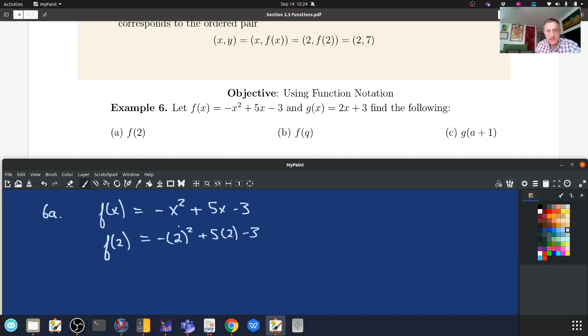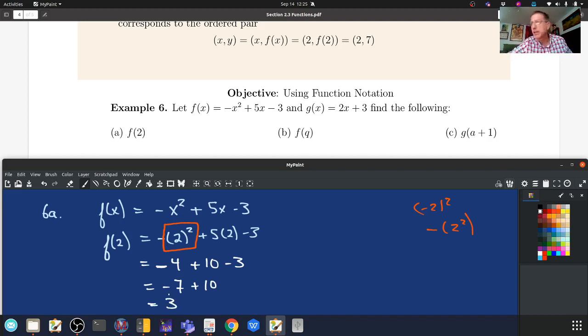Now remember, this negative sign right here negates the number that comes next, and that's the number right here. So that's not the same as (minus 2) squared. It's minus (2 squared). So this is equal to minus 2 squared, which is minus 4, plus 5 times 2, which is 10, minus 3. So that's equal to minus 7 plus 10, which is the same thing as 10 minus 7, which is 3.